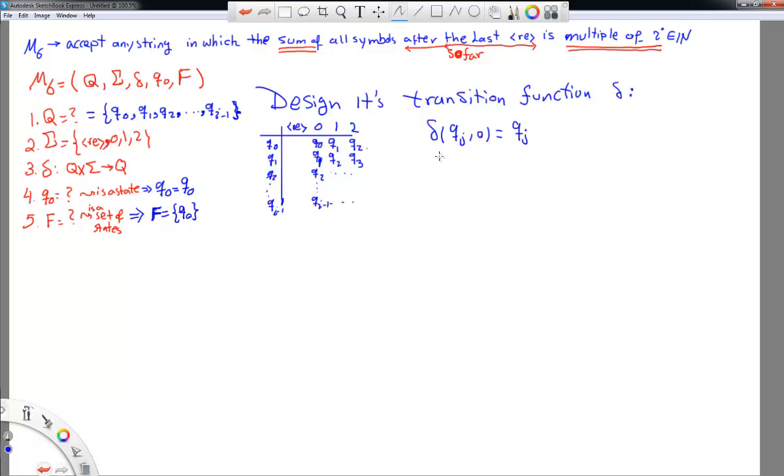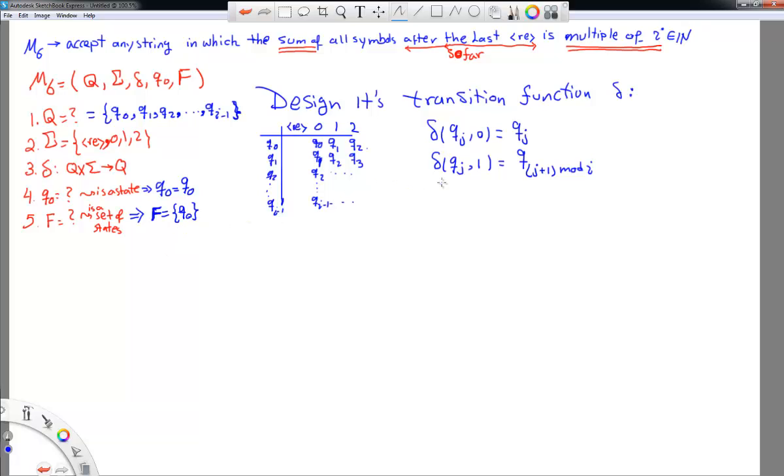The delta of q sub j and 1 is going to be q sub j plus 1 mod I. Because if you add 1 to the j, you might actually end up going over the states that you've got, so you calculate the modulo and go back to the beginning.